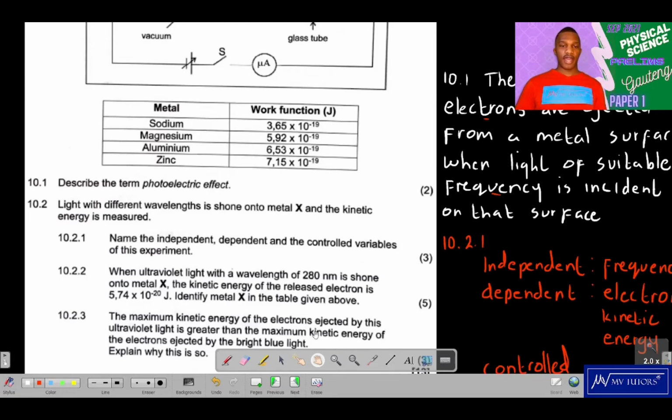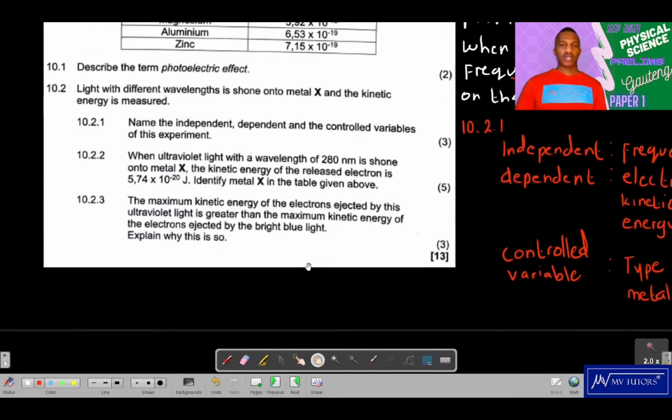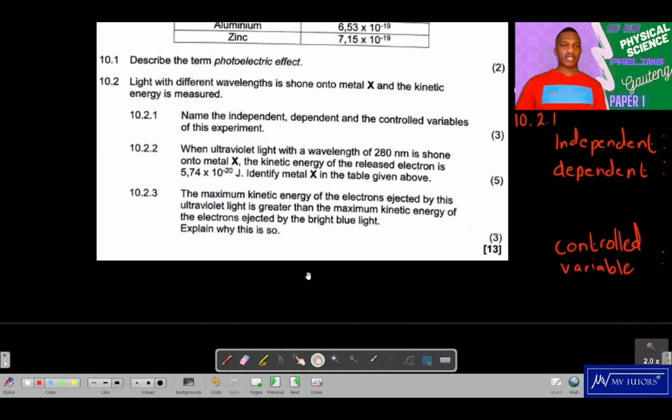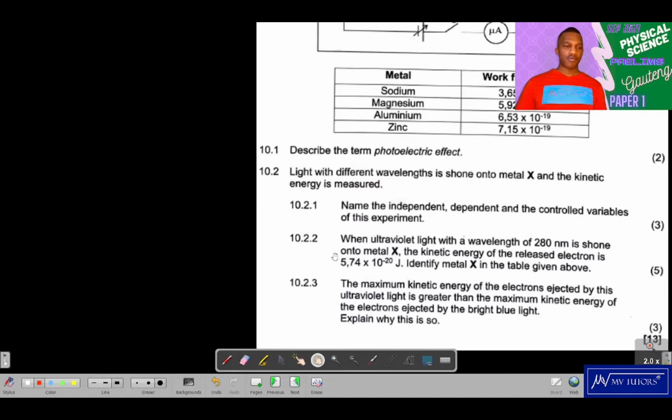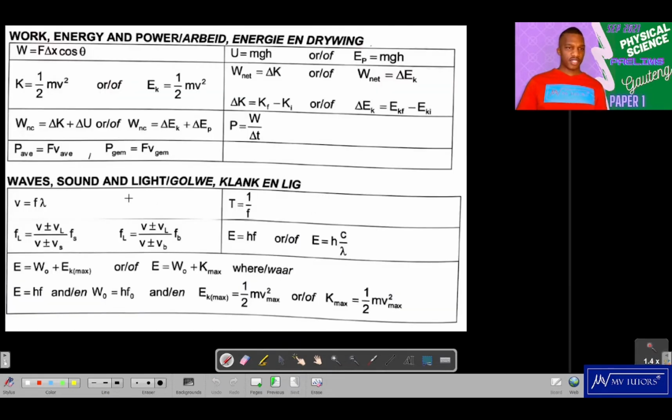Okay, so now the first thing that we need to get is the correct formula. Let me put it right here. This is 10.2.2. All right, let's go to the formula sheets. Now when you go to your formula sheet, there we go. The formula for work function is over there.